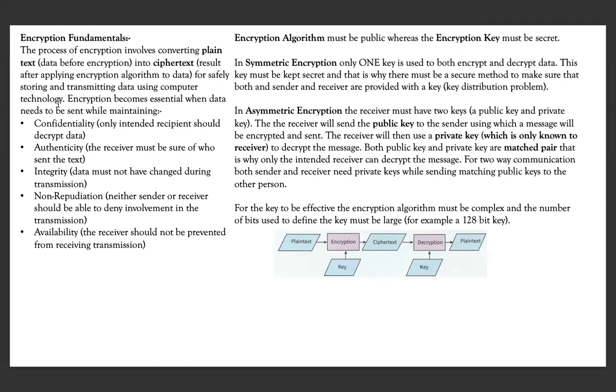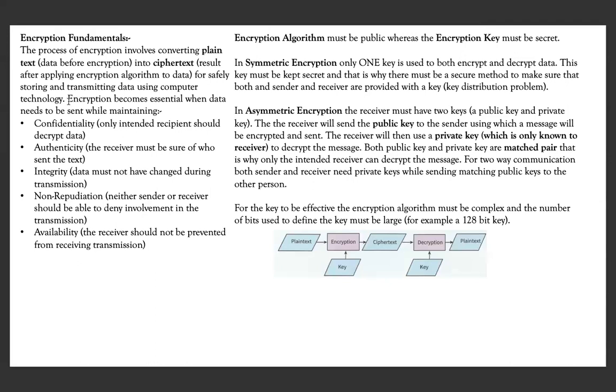Now, obviously, encryption should be a reversible procedure, because it would be no good if I can encrypt it but never decrypt it. So when I'm sending data to my intended recipient, my intended recipient should at one point be able to convert it back into its original format.